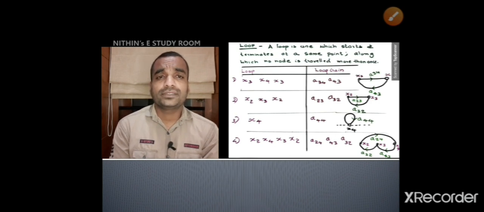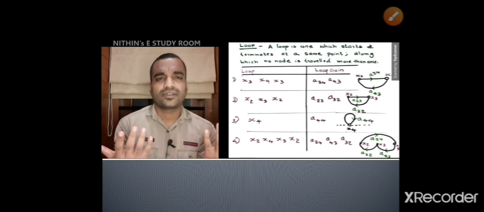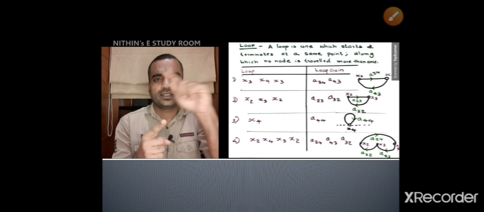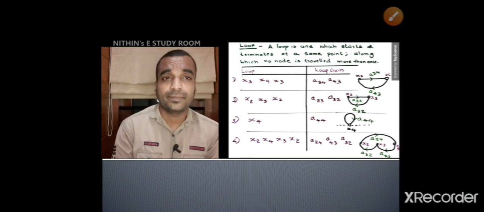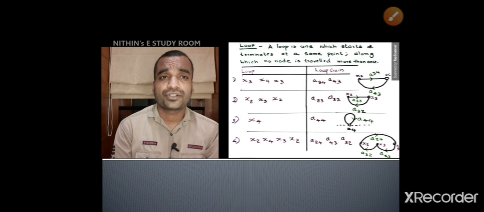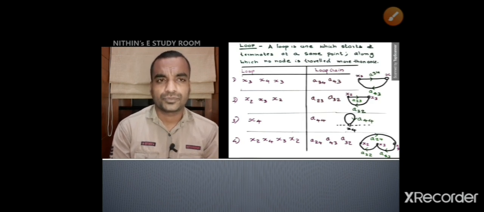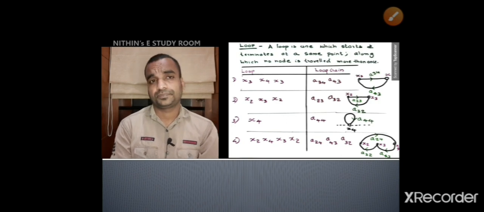But a loop is not like that. It starts and terminates at the same point. What is the meaning of the word loop? Just looping. So a loop should start and end at the same point, along which no node is traveled more than once. The same condition as that of a forward path. So no node should be traveled more than once.